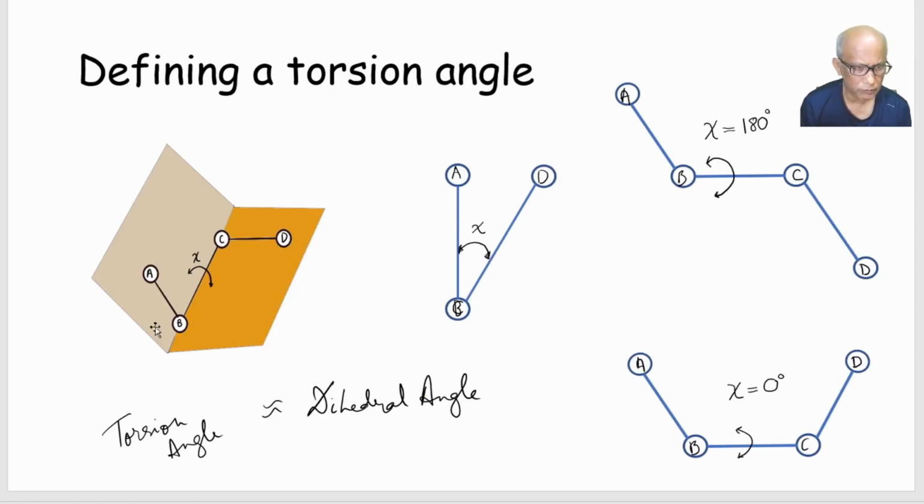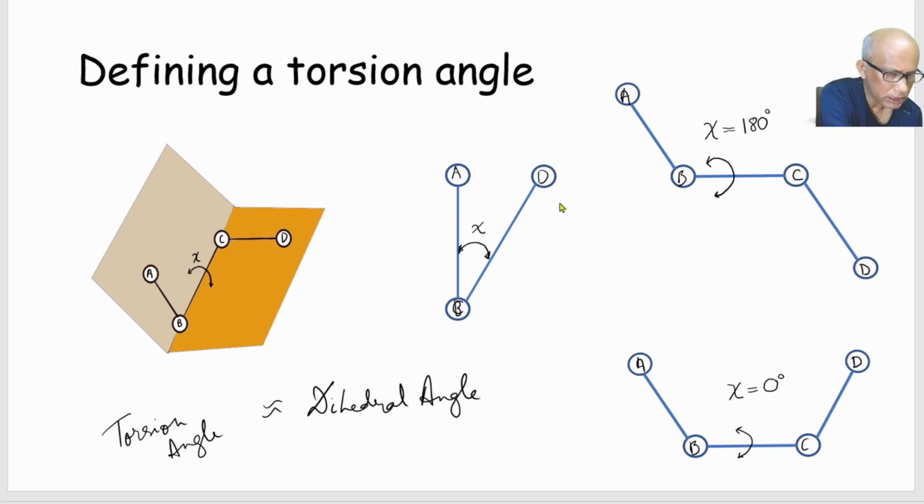So let us say I have my 4 atoms out here, A, B, C and D. Now there is a standard result in geometry that in 3-dimensional space you can always define a plane that passes through 3 points which you specify beforehand.